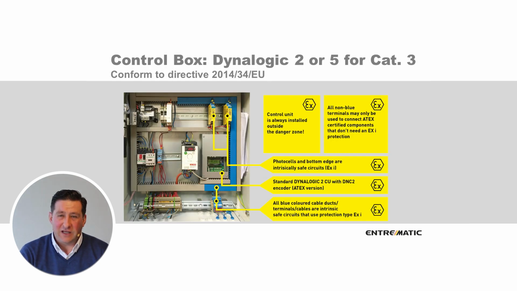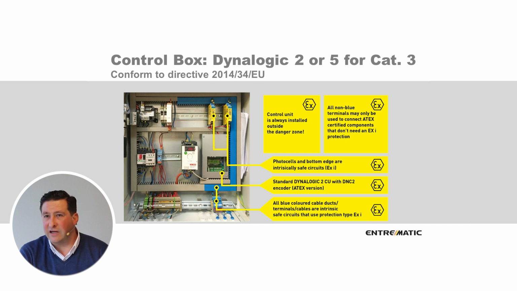So of course we always need a control box next to the door. In the case of the category 3 door, we have the possibility of a Dynalogic 2 or Dynalogic 5 control box. The control box is always to be installed outside the ATEX zone, can never be in the ATEX zone itself.